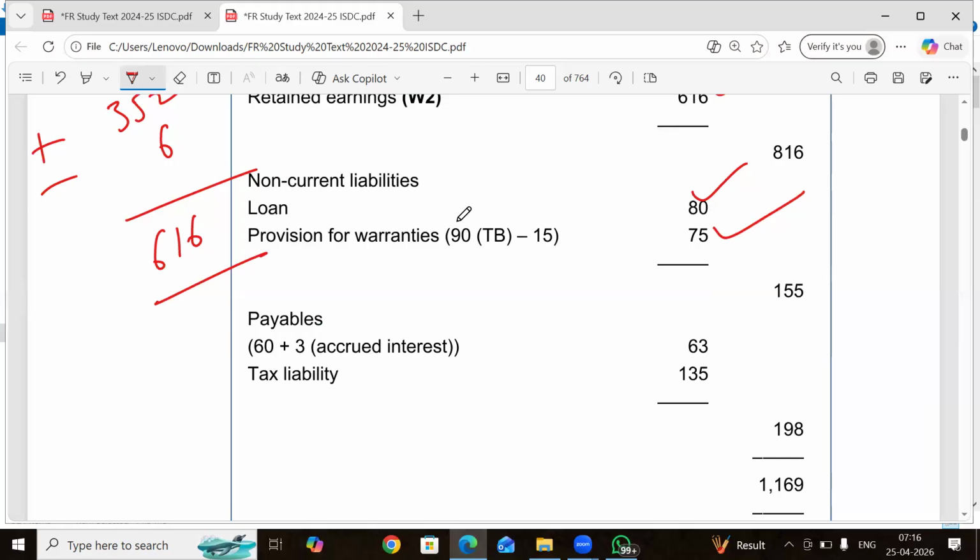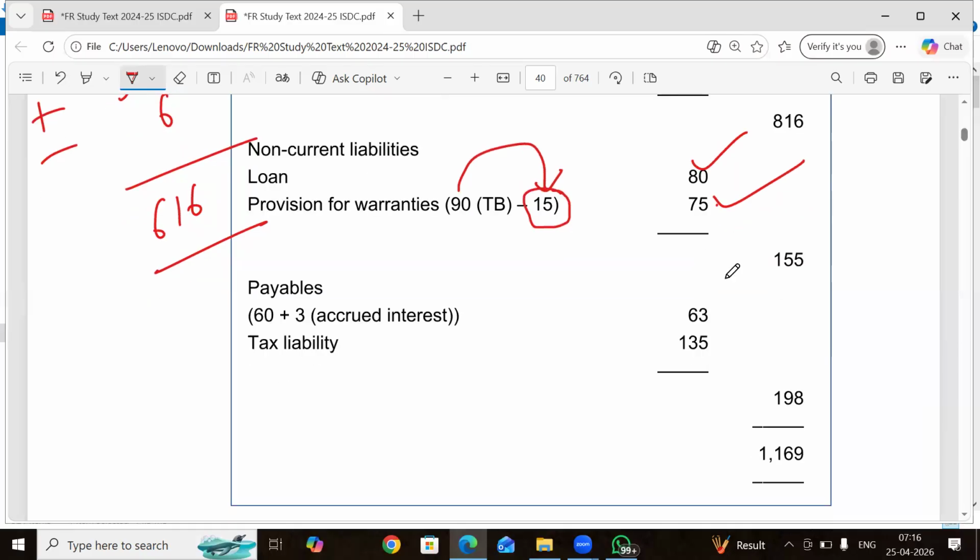So 90 was our provision, over provision was done. Now we want it to be 75. So we remove the 15. We reduce the provision by 15. So now the provision is 75.